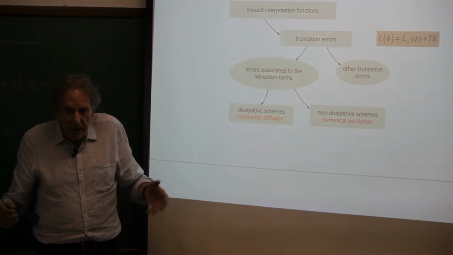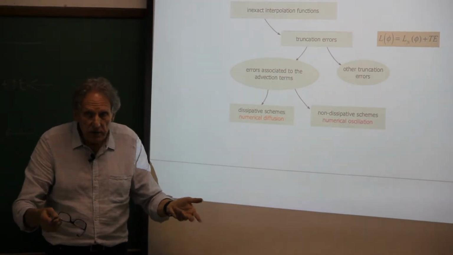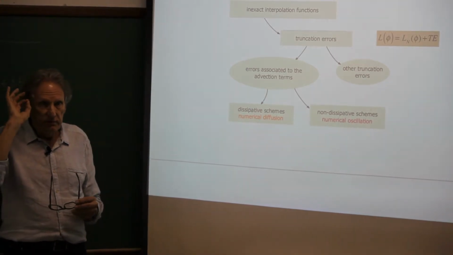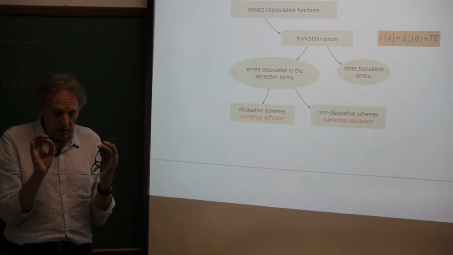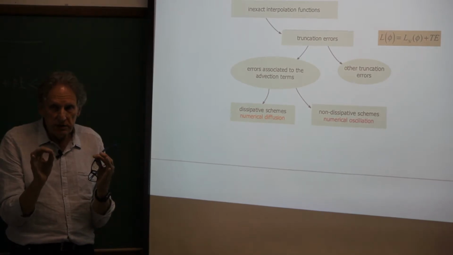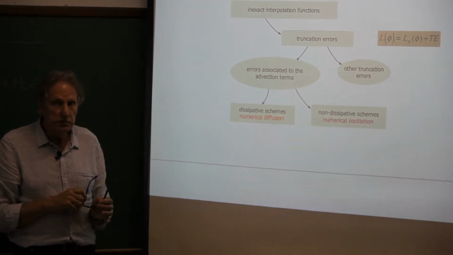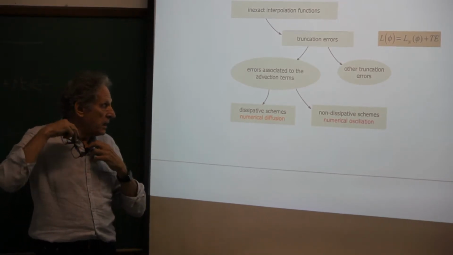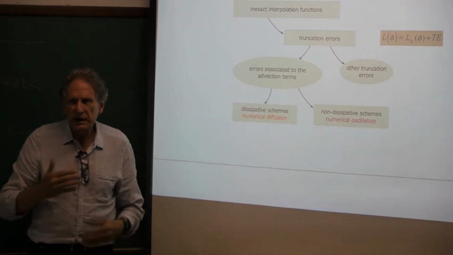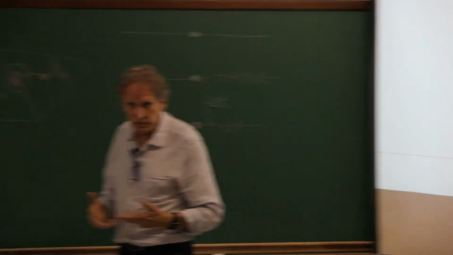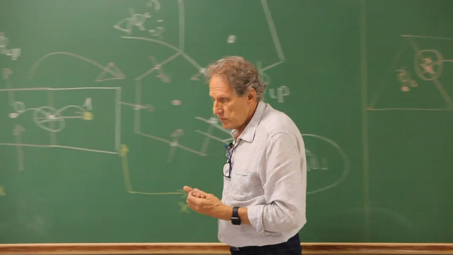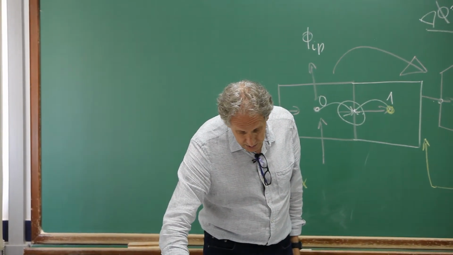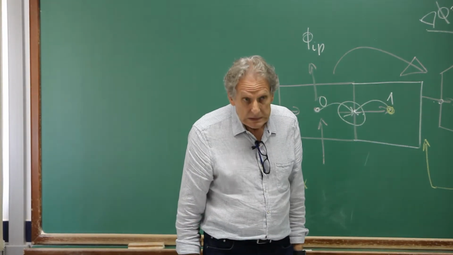Using better and better interpolation functions, which really follow and describe the physics of the problem that you want to solve. These two are the most important, the main errors that we have in a numerical solution. But it is a truncation error.